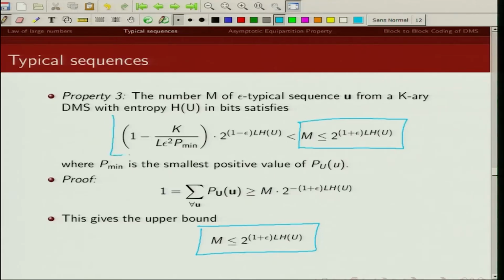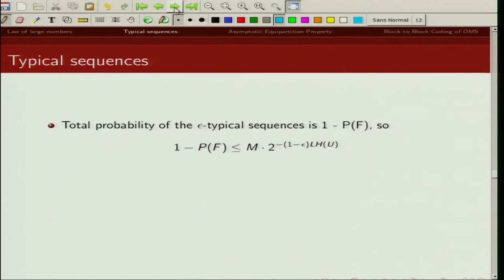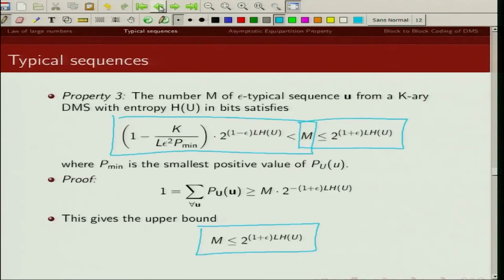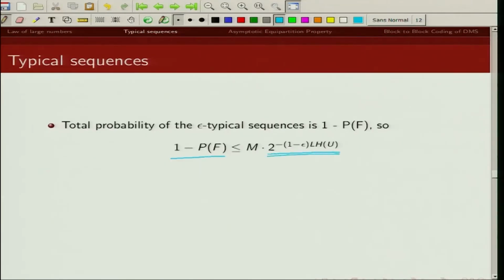Now, we are going to prove this. The total probability of epsilon typical sequences is 1 minus Pf, which, if I replace P(u) by its upper bound, given by this quantity, is upper bounded by M times the probability of occurrence of a typical sequence, where M is the number of typical sequences.